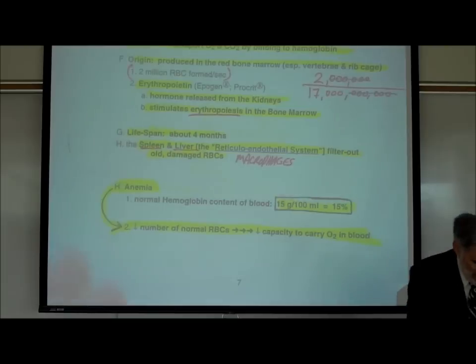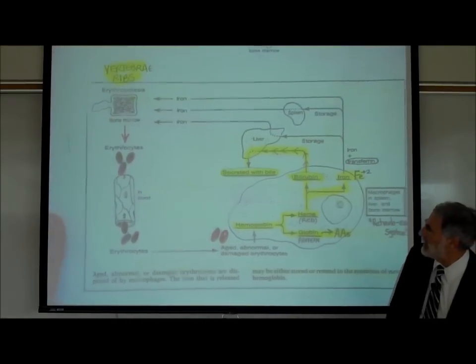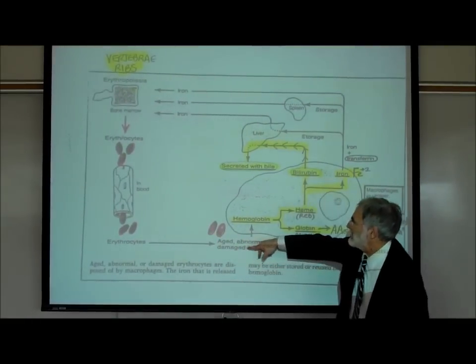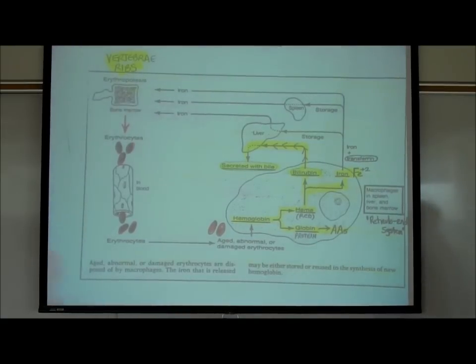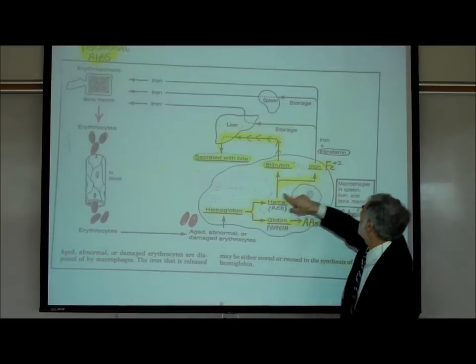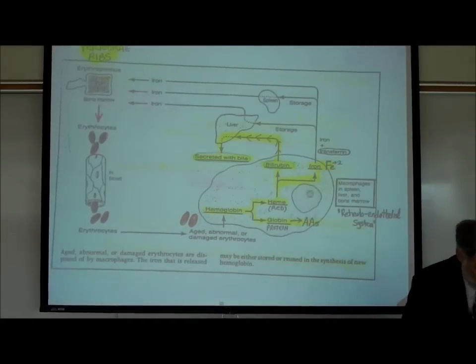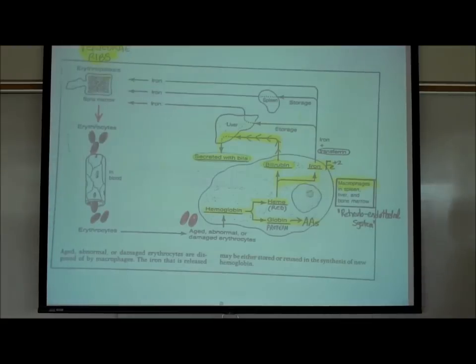We explained last time on page 8 that the red blood cells that circulate, as they get damaged and old, are removed from the bloodstream by macrophages, large phagocytic cells that are in the liver, especially, also the spleen and bone marrow, but especially the liver.